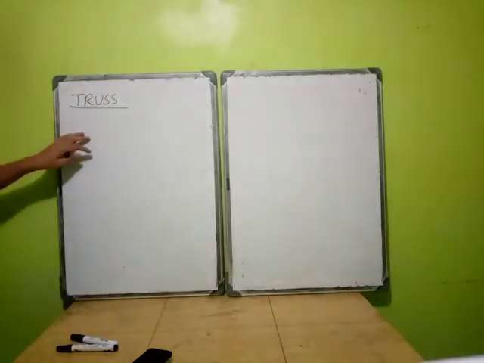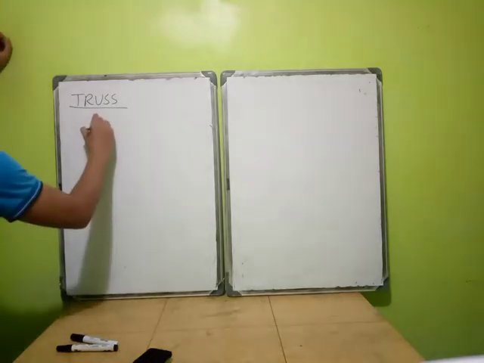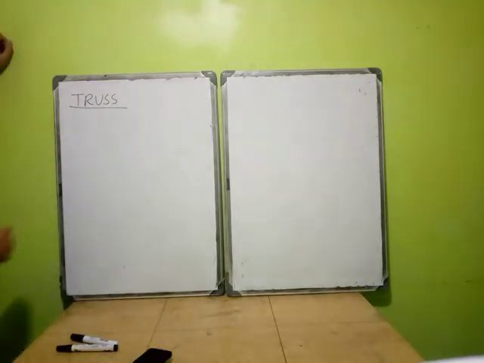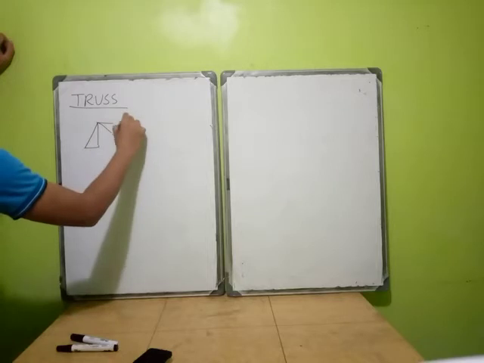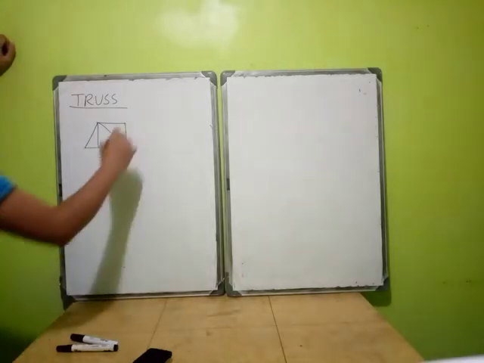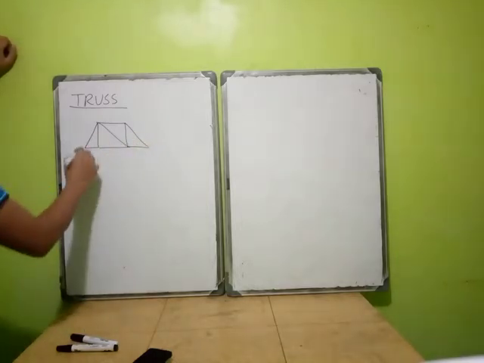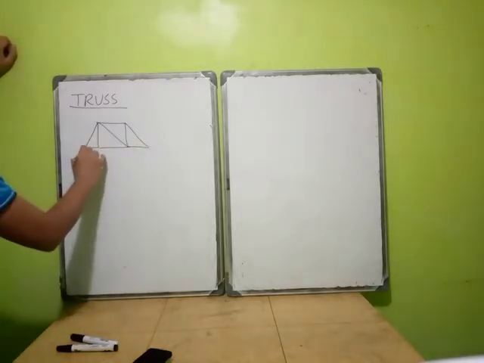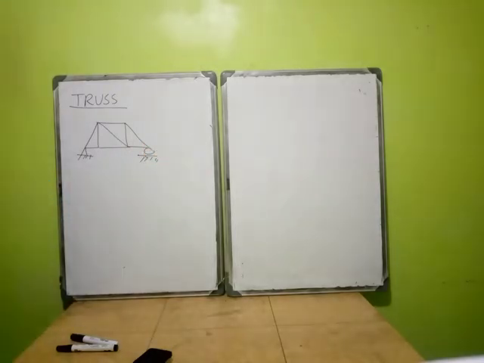So, pag sinabi nating truss, it is composed of members. Okay? It is composed of members that are usually slender.